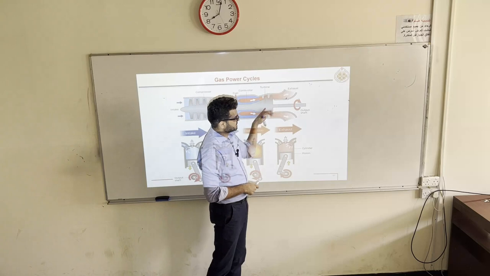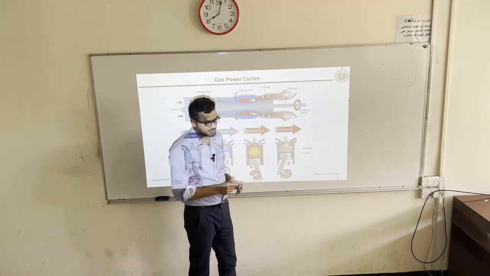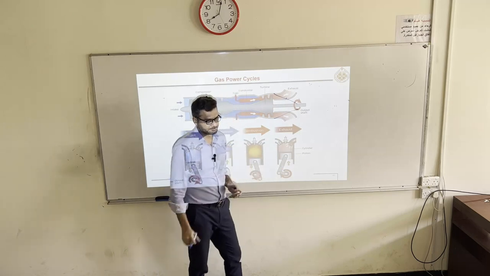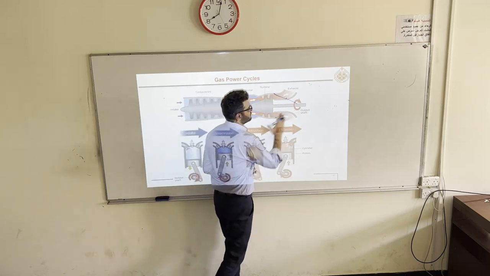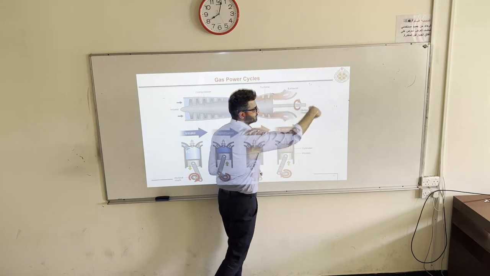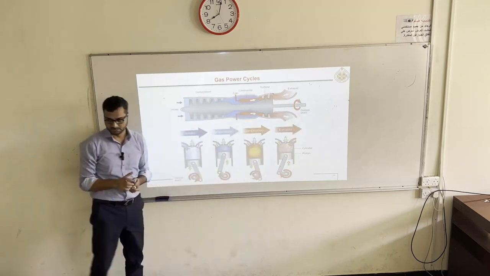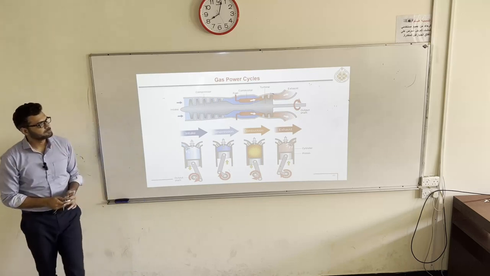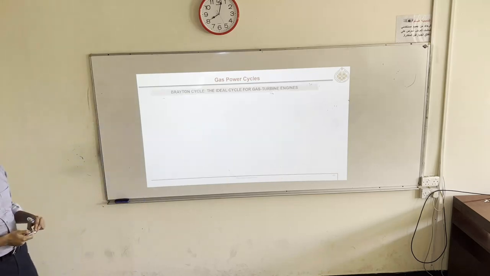And then it is exhausted. But if it is a jet engine, then these exhaust gases will be flowing through a nozzle. Otherwise, it is only the work of that turbine that is used to drive the generator, and electrical energy is produced. Okay, it's clear.